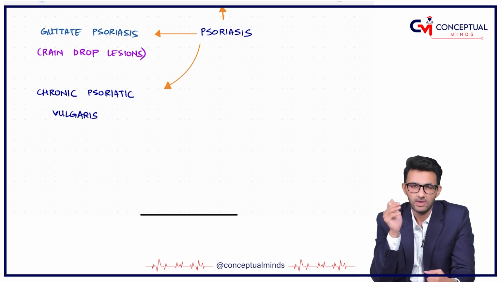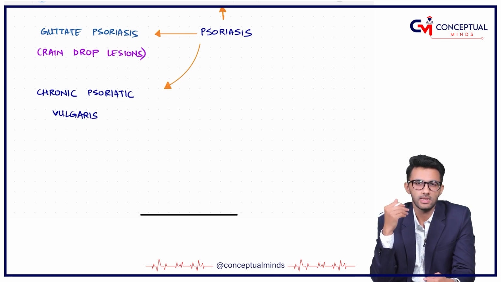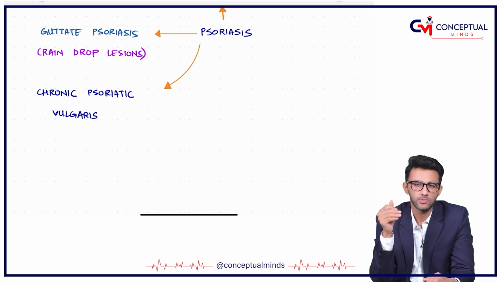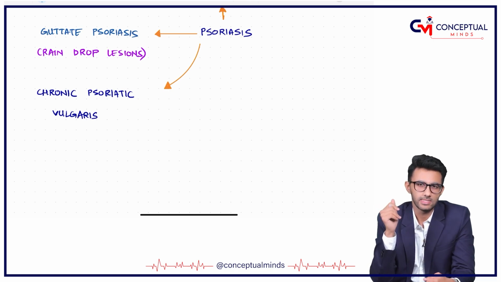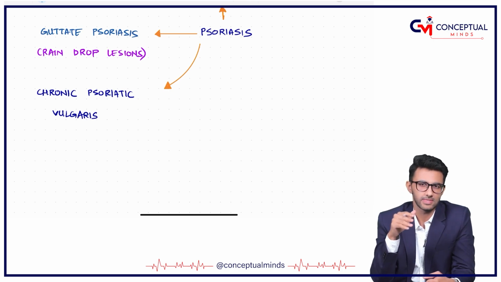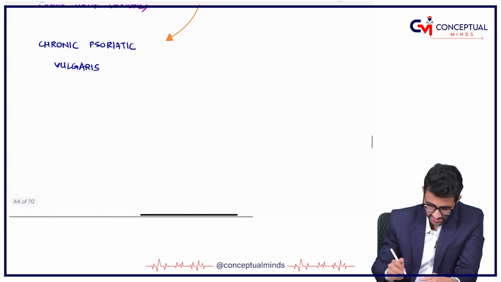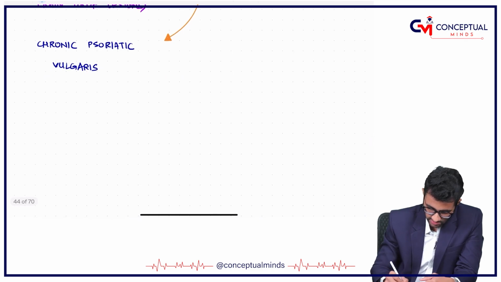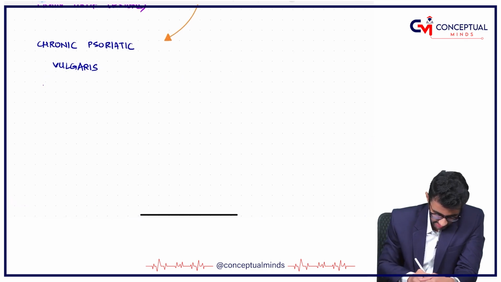And in this, definitely we'll see all the most classical features, right? And just a question to you, that in psoriasis, where do we usually find the lesions? Alright, so it's going to be an extensor surface or the flexural surfaces. Okay, so the answer is we see it on the extensor surfaces.